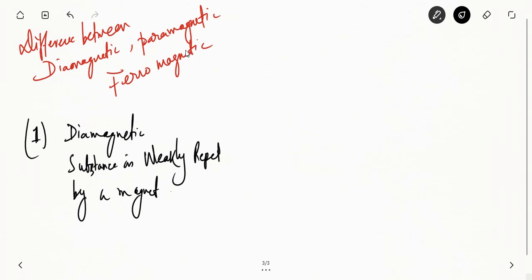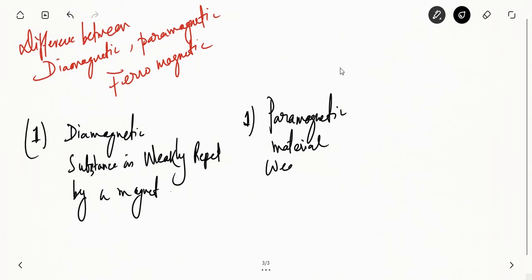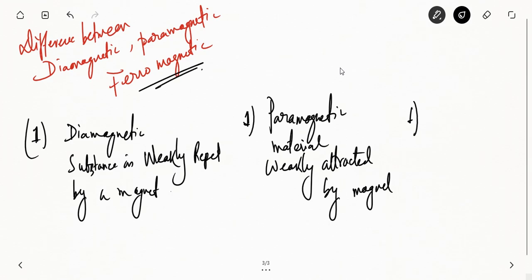But ferromagnetic materials are strongly attracted.